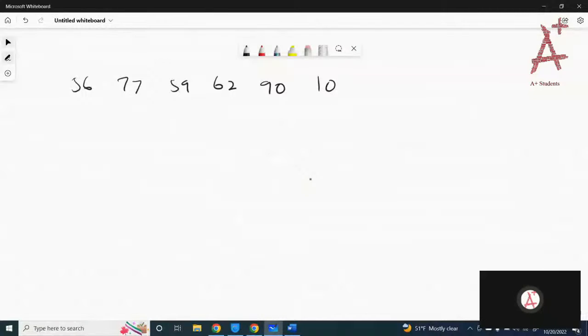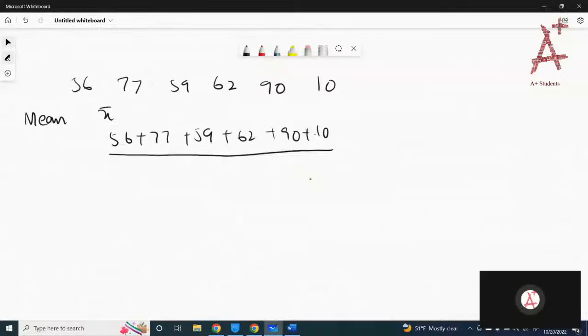First of all, you have to calculate the mean. For the mean, you add all the numbers: 56 plus 77 plus 59 plus 62 plus 90 plus 10, and divide by the count, which is 1, 2, 3, 4, 5, 6, so 6. So the mean value is 354 divided by 6, and it would be 59.